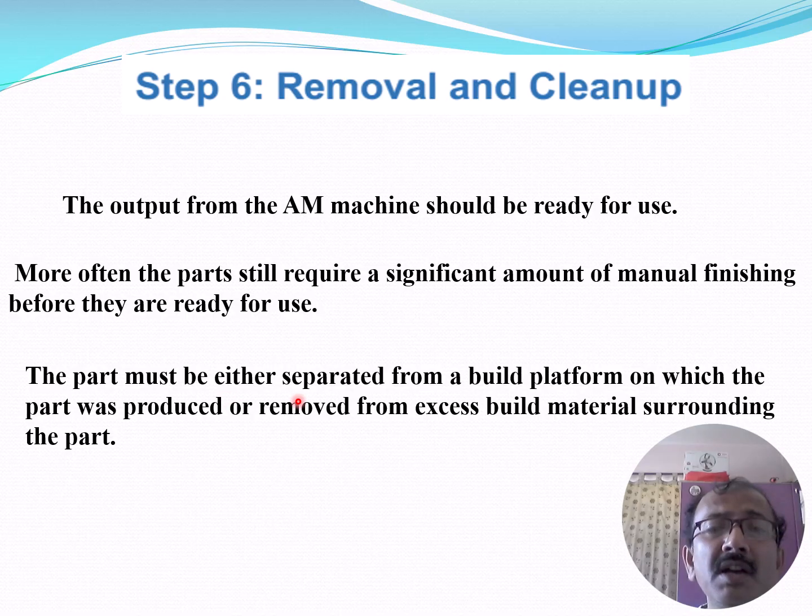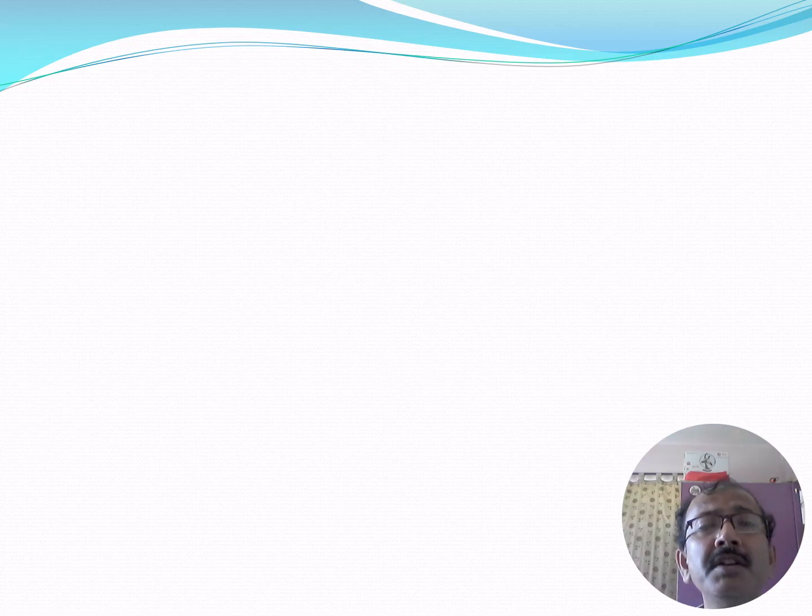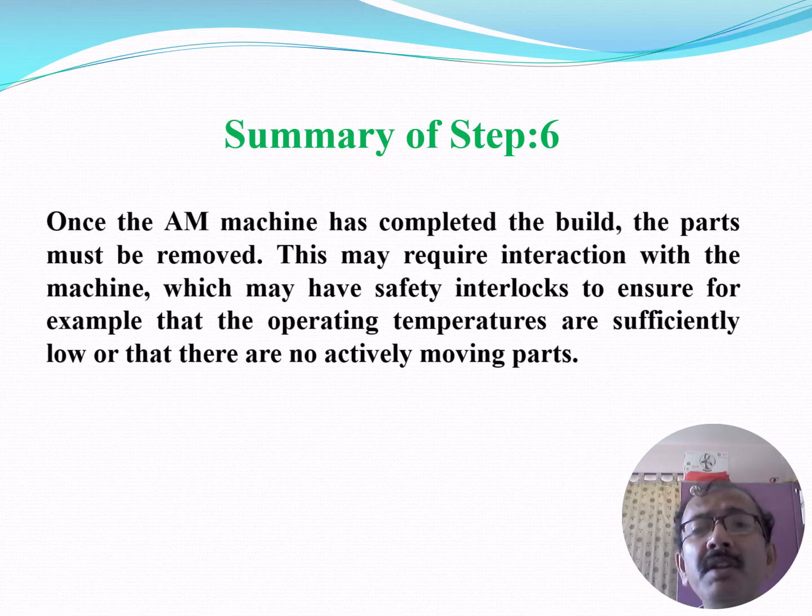The part must be either separated from the build platform on which the part was produced or removed from the excess build material surrounding the part. So excess build material should be removed from that part, and the part is ready. So this is the summary.